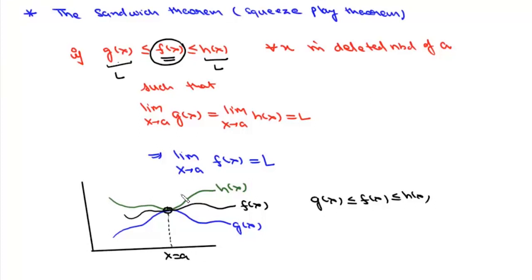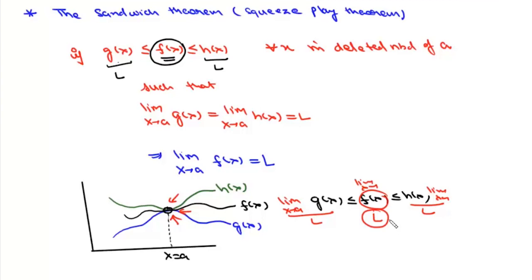Then if both h(x) and g(x) approach L, this f(x) will also approach L. So if the limit x tends to a of g(x) is L, and the limit x tends to a of h(x) is also L, then the limit x tends to a of f(x) will also be L.